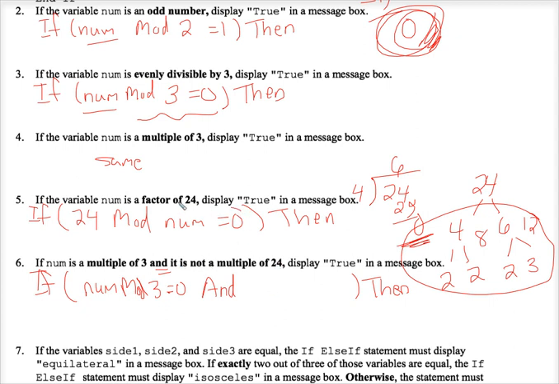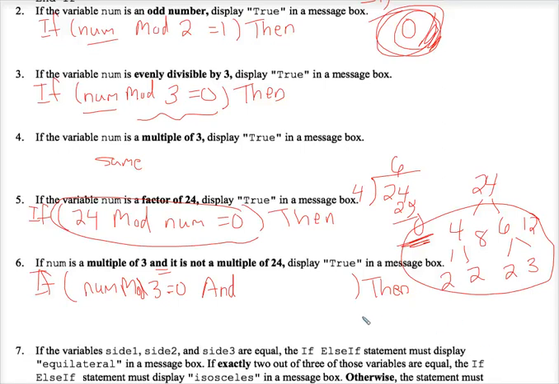Well, here's the code to detect if it is a multiple of 24. Oh no, that's not quite the same. Being a multiple of 24 means that it's not the number 48 or 76 or a number like that.